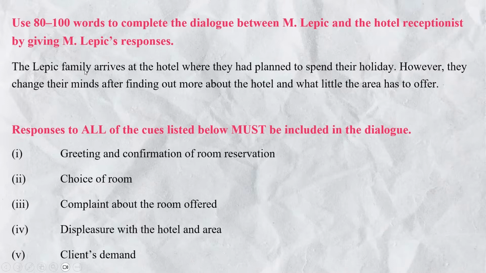The Le Pic family arrives at the hotel where they had planned to spend their holiday. However, they change their minds after finding out more about the hotel and what little the area has to offer. Responses to all of the cues listed below must be included in the dialogue. 1.